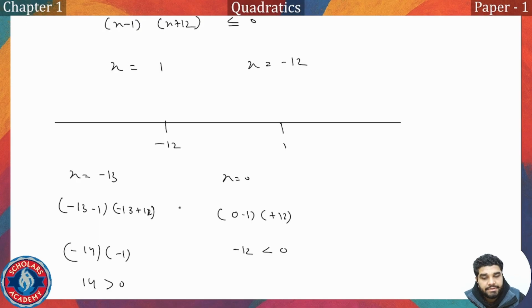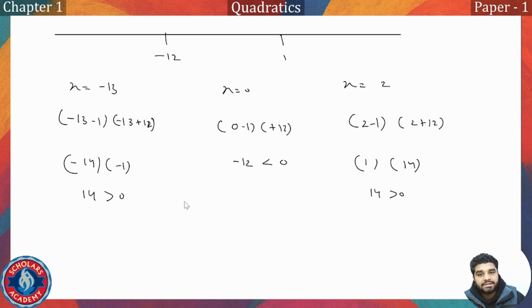We check for the third interval. x is equal to 2. We substitute it: (2 minus 1)(2 plus 12). So 1 times 14, this is 14 and this is greater than 0. So no, we will not take this interval.